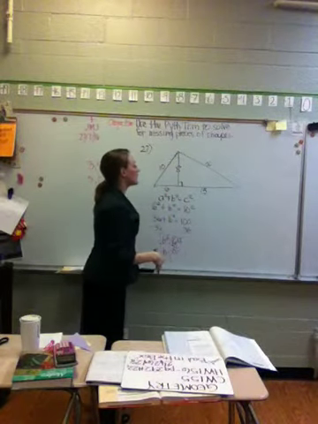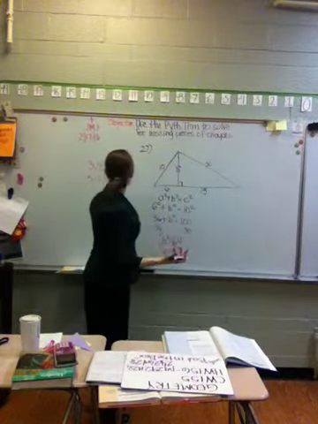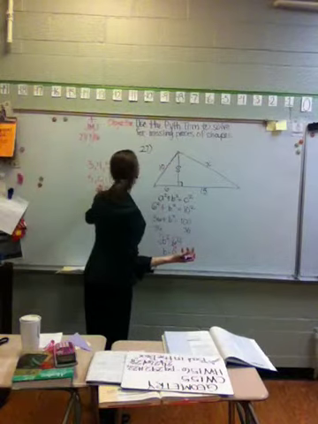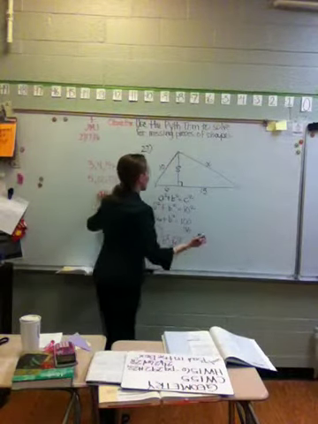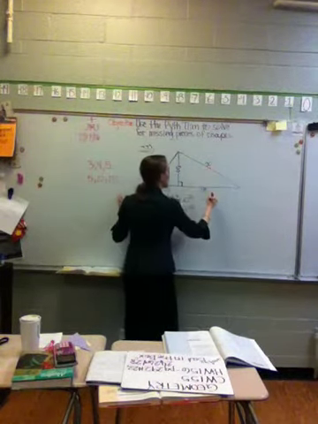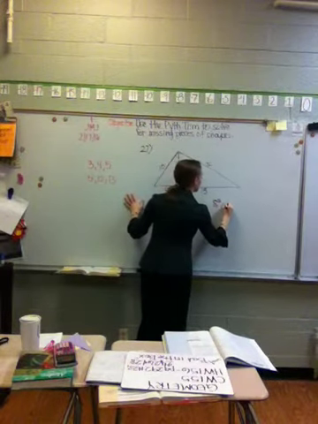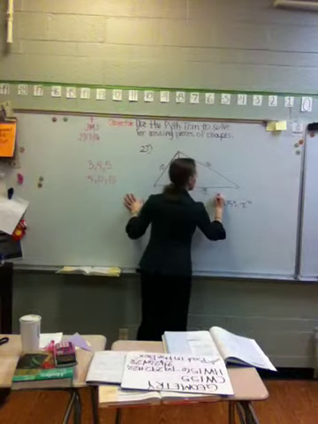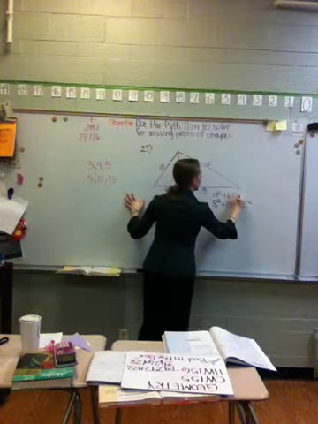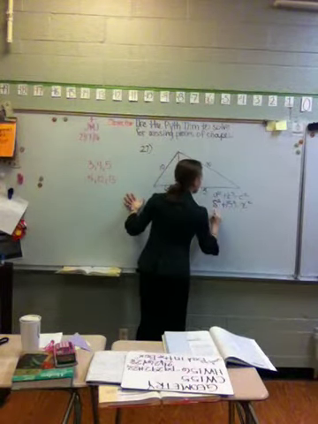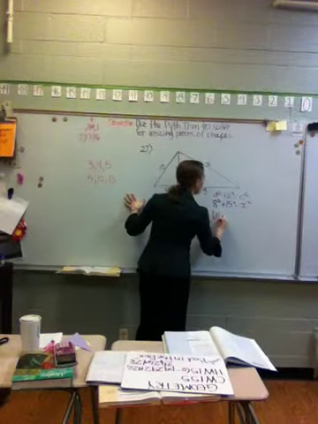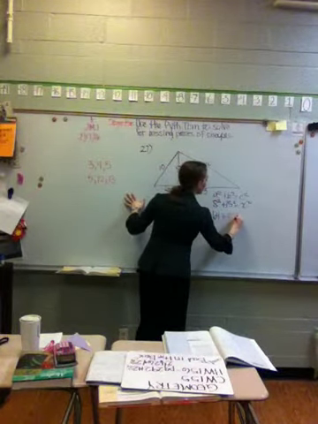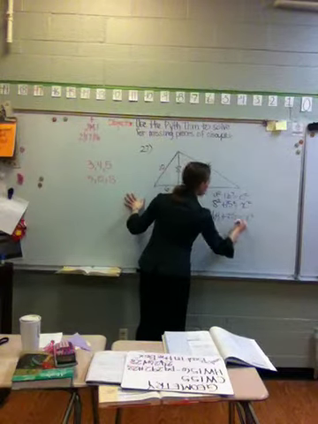Now we're going to solve for this hypotenuse. I have 8 squared plus 15 squared is equal to x squared. This is my Pythagorean theorem, so you know what I'm plugging into. I have 64 plus 225 is equal to x squared.